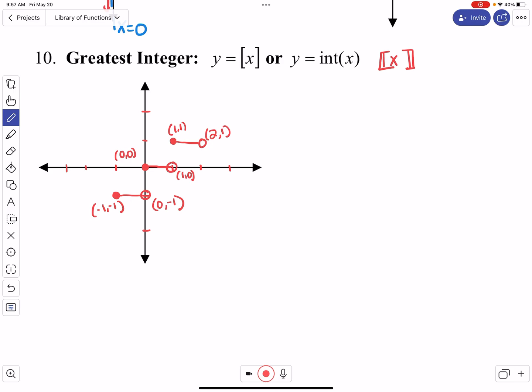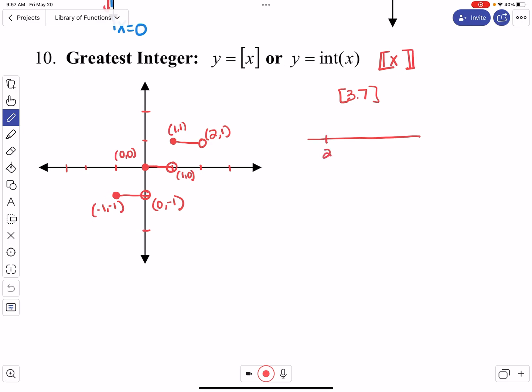So let's talk about what exactly this means. What is the greatest integer? Or what is the greatest integer graph? So think of it like this. If we're going to take the greatest integer of 3.7, okay, think about that on a number line. What is the greatest integer that you've passed on a number line when you get to 3.7?